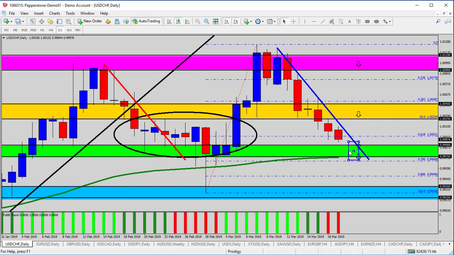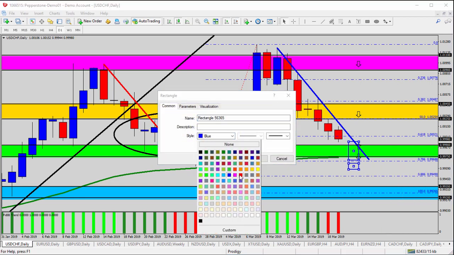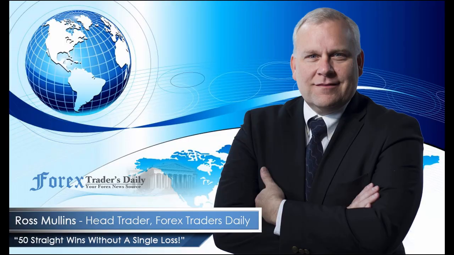So watching for opportunities for a breakout lower might be something to consider. A breakout under the green zone may give us an opportunity to go short on the dollar franc, or potentially a sudden reversal from the green zone, we could have an opportunity to go long once again for the dollar franc this week.